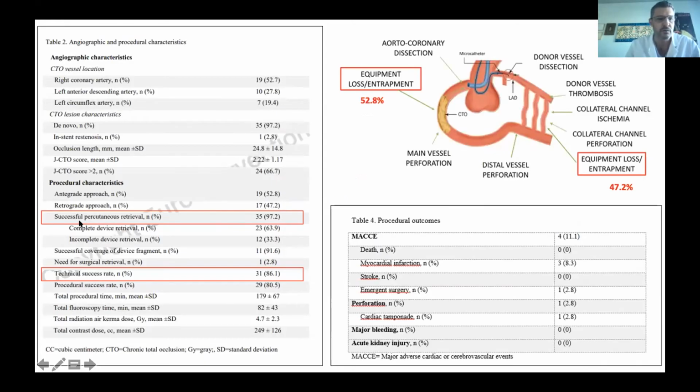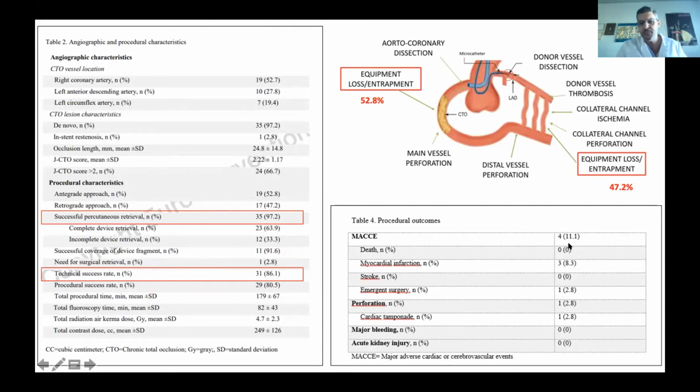We reported our data. We were able to perform a successful percutaneous retrieval in more than 97% of cases. This means that this kind of complication should be solved percutaneously, without the need to send the patient to surgery. At the same time, despite this cumbersome and life-threatening complication, we were able to achieve a technical success rate of 86%. That means that, despite the complication, we were able to successfully reopen the CTO.